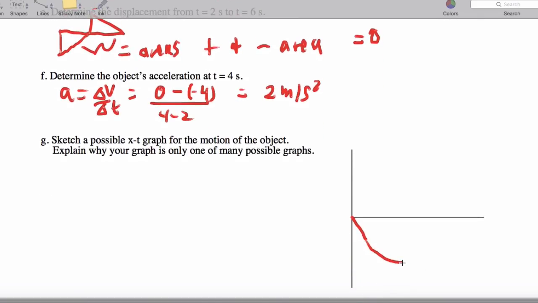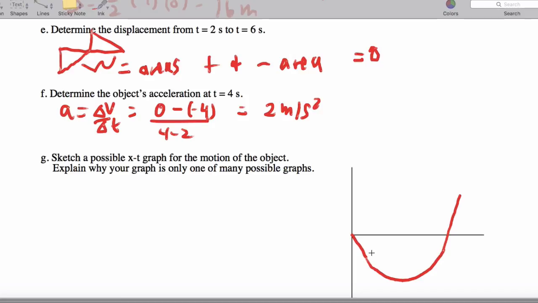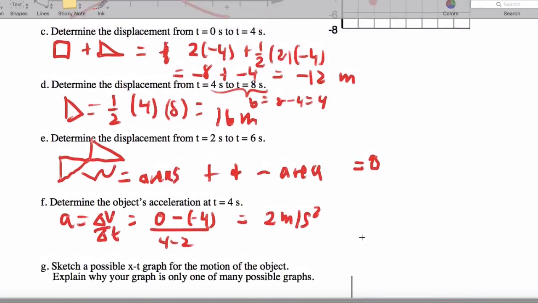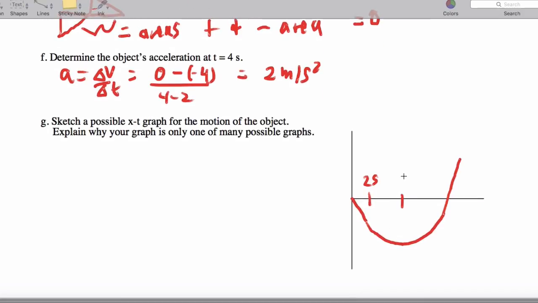And then I'm going to start going forwards, gaining speed the whole time. So this is here what's happening until 2 seconds, then 4 seconds, and then I'm at 8 seconds here.